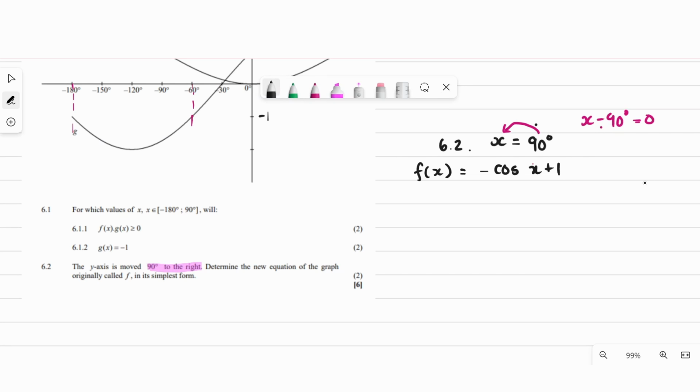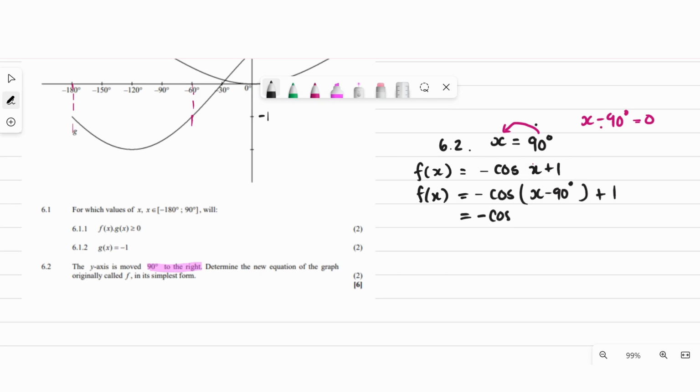So let's do that. f of x, the new one, is going to be equal to negative cos, here it's going to be x minus 90 degrees, then plus 1, right? Then they say we need to simplify it to its simplest form. So let's do that. We're going to use a co-ratio here. So we need to change this 90 to come in front.